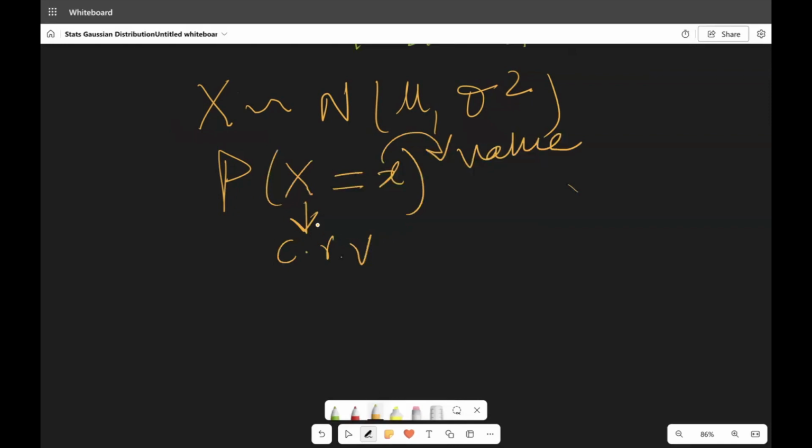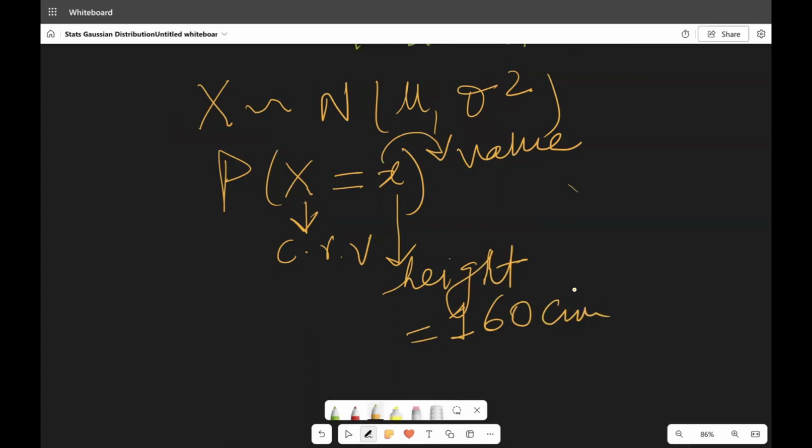So let's assume X is the height of a student. Let's say it's equal to 160. I'm taking any value, 160 centimeters. So this is my actual value.